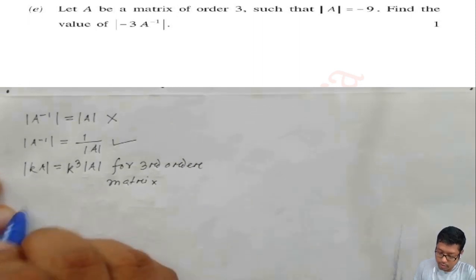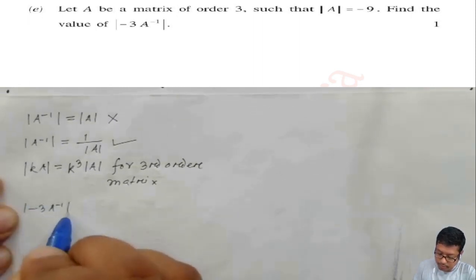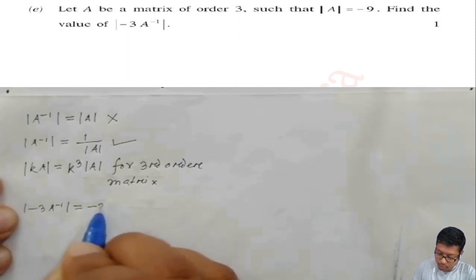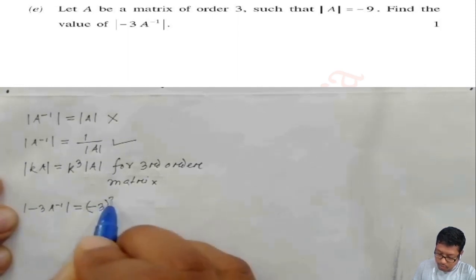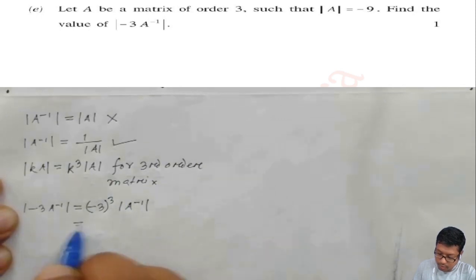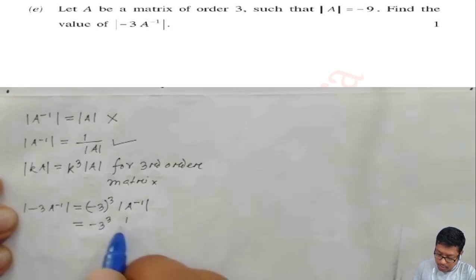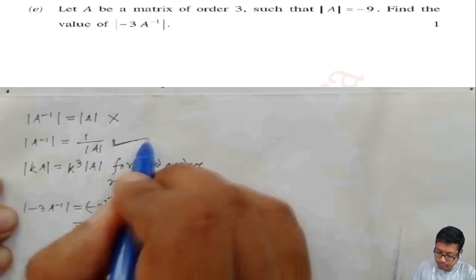If I use this formula here, this is equal to minus 3 whole cube into determinant of A inverse, so this is equal to minus 3 cube into 1 by determinant of A after using this formula.